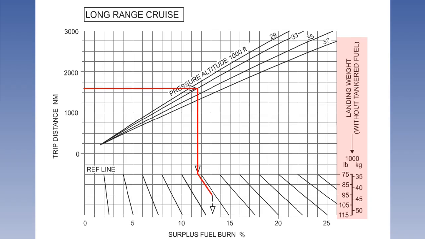Note that this graph, unlike all the previous ones, gives the weight in pounds, not kilograms. Go vertically downwards to read off the surplus fuel burn, in this case 13.2%. This figure represents the percentage of the extra fuel over and above the normal fuel load that would be burnt as a penalty due to the extra weight.